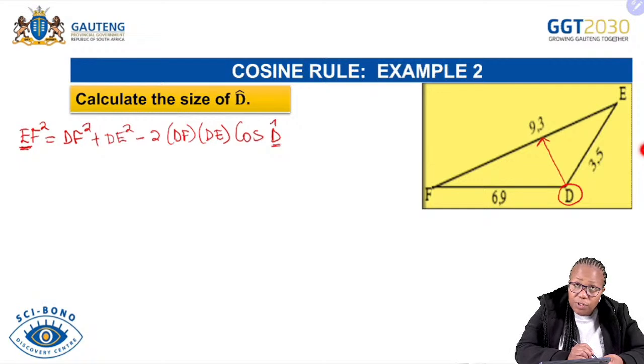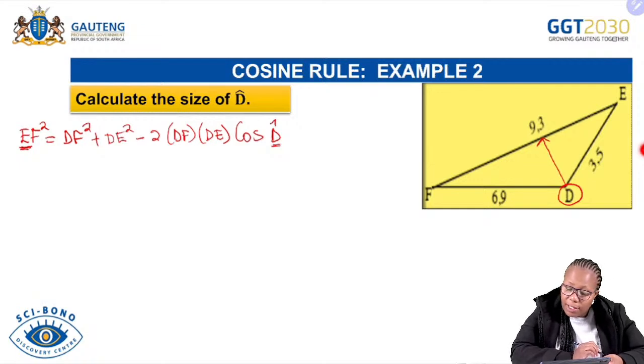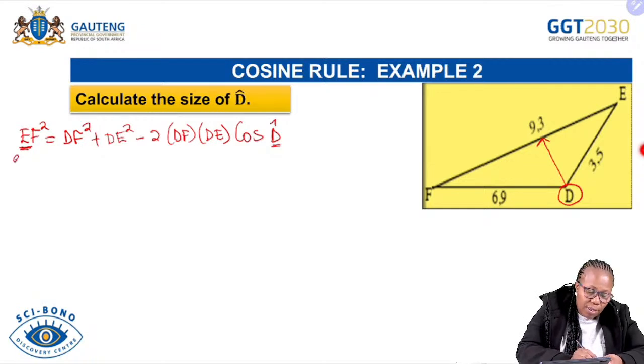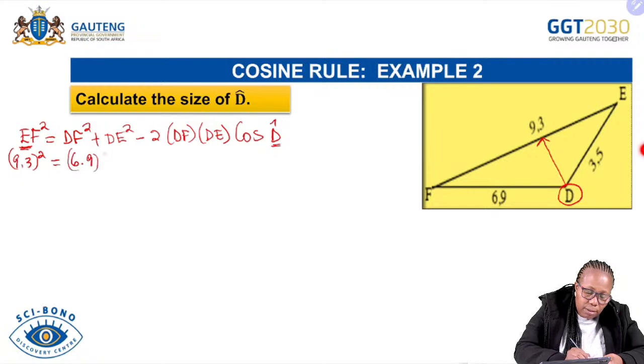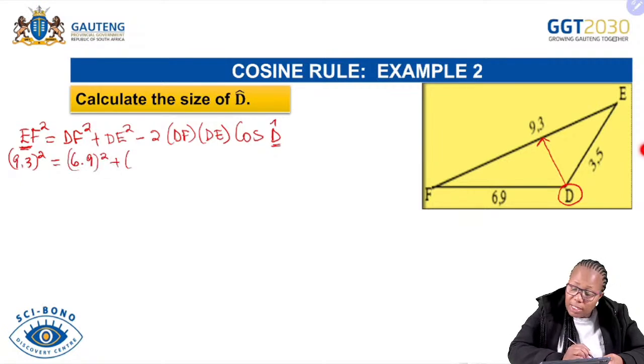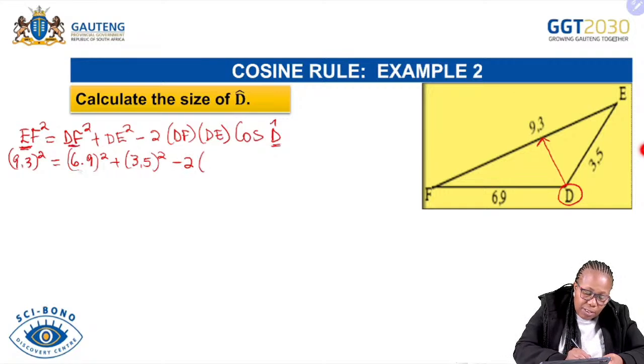And then now let's substitute here. We're looking at EF is given as 9,3 squared. DF is given as 6,9 squared. DE is given as 3,5. Do not forget your squares. Minus 2. DF is exactly the same as that one. It will take 6,9.